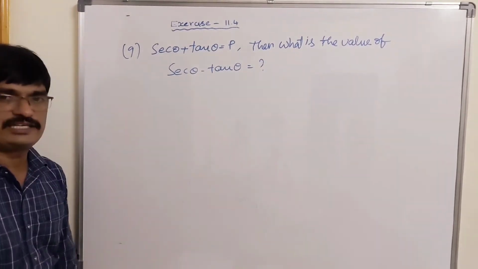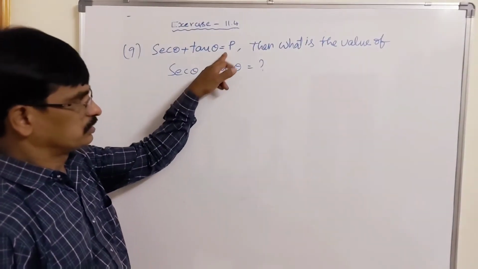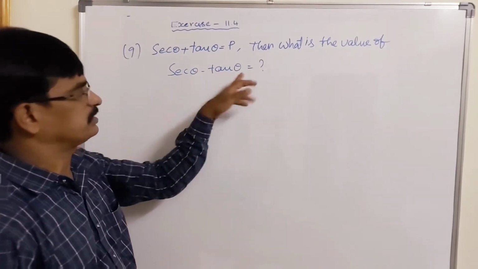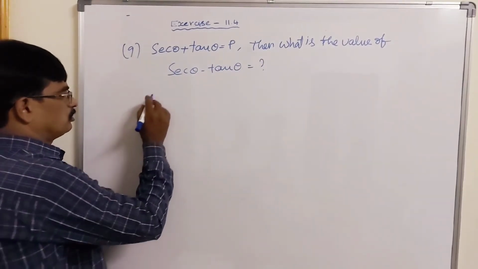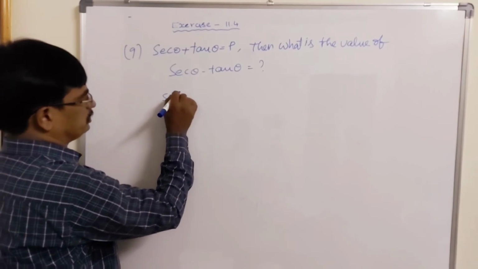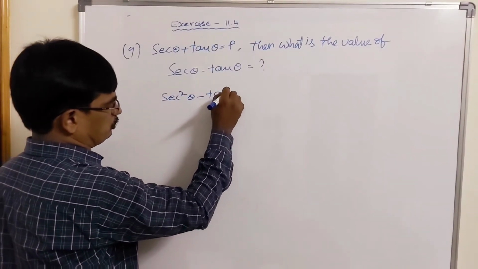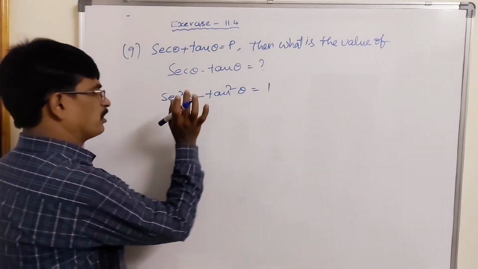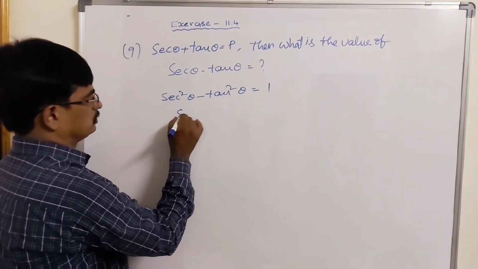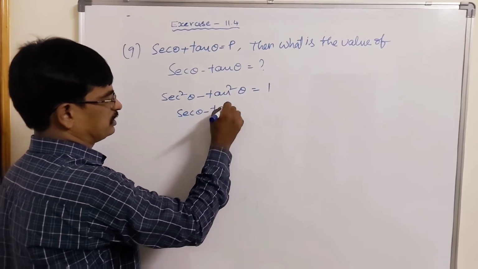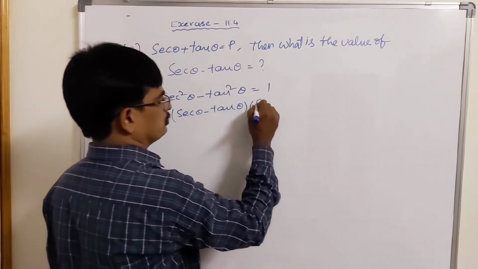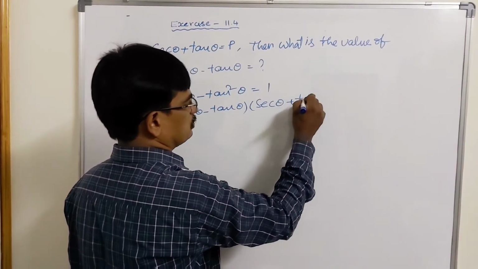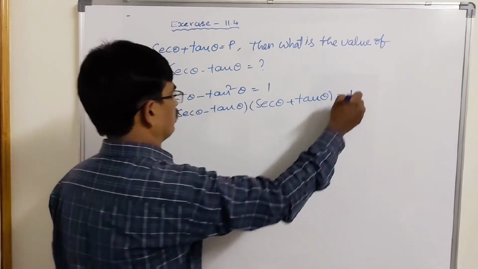So secant theta plus tan theta is equal to P. Then what is the value of secant theta minus tan theta? We have secant square theta minus tan square theta is equal to 1. It is in the form of a square minus b square. That is, secant theta minus tan theta into secant theta plus tan theta is equal to 1.